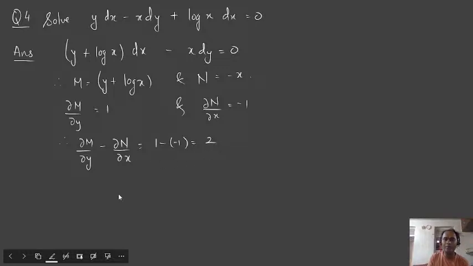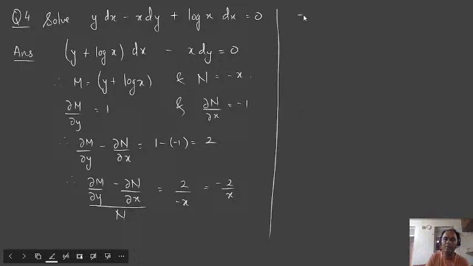And now you want something which is going to give you a nice integrating factor. So it is clearly visible here that dM by dy minus dN by dx, I have to divide by capital N. So 2 over minus x, that is minus 2 by x is the thing.